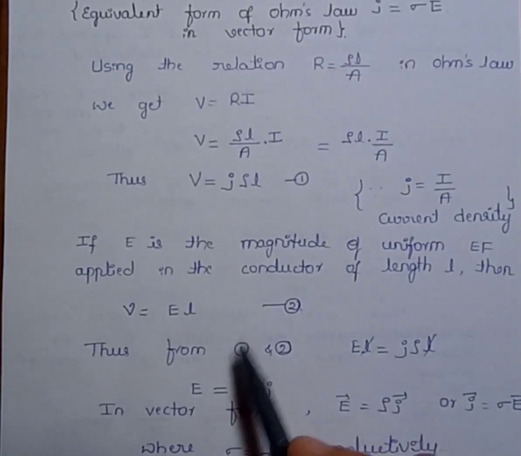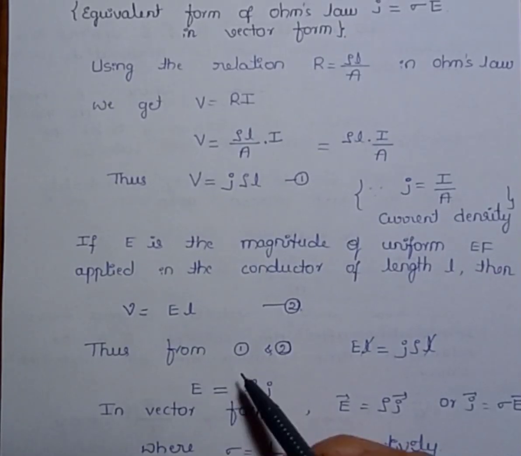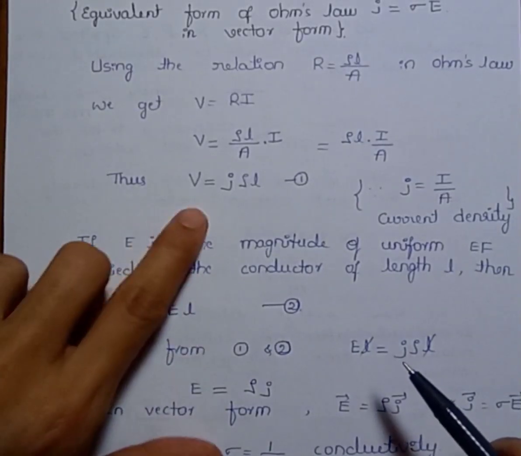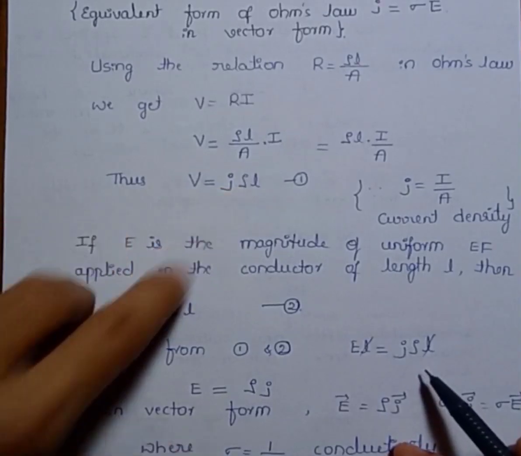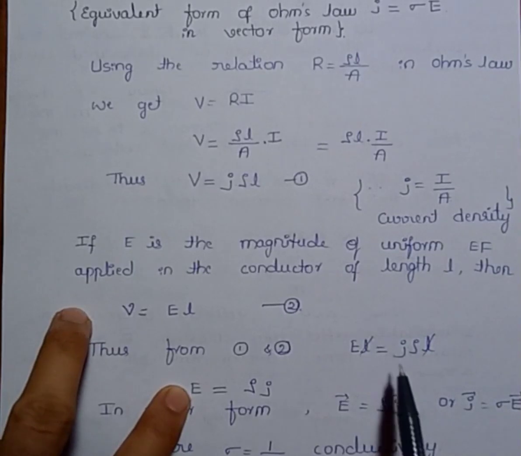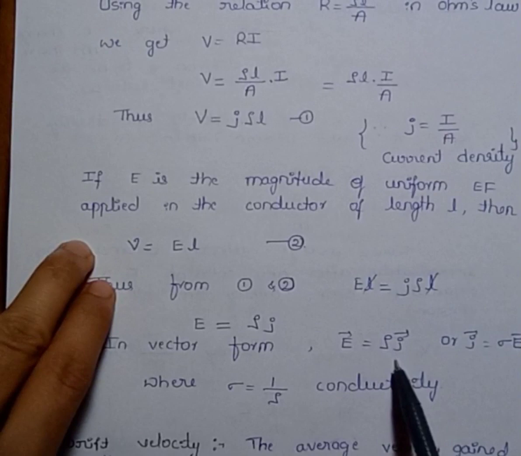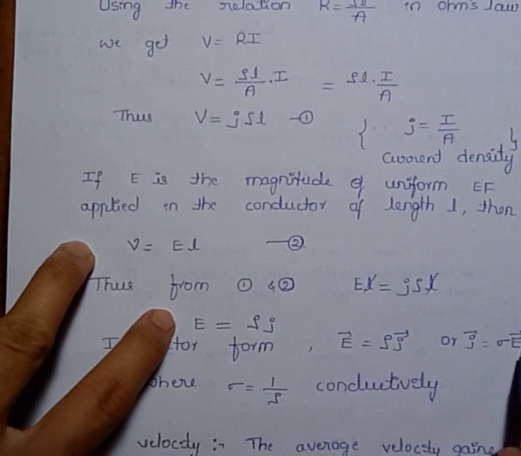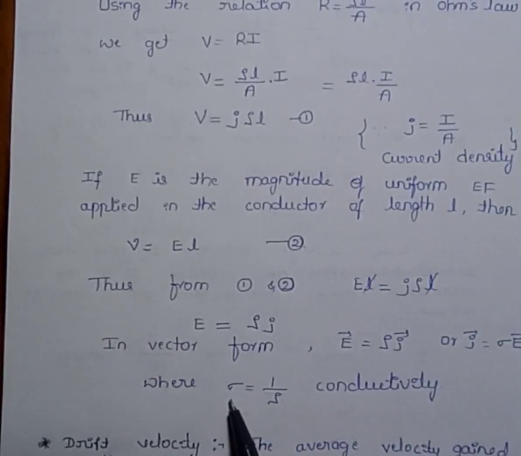So comparing equations 1 and 2 by right hand side, E into L is equal to J rho L. Here L cancels on both sides, which gives E equal to rho into J. In vector form, E equal to rho into J, or J equal to sigma into E, because 1 by rho gives the value of conductivity.